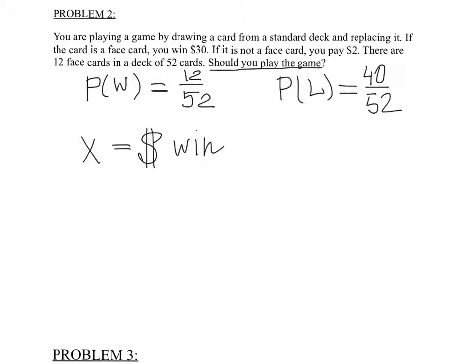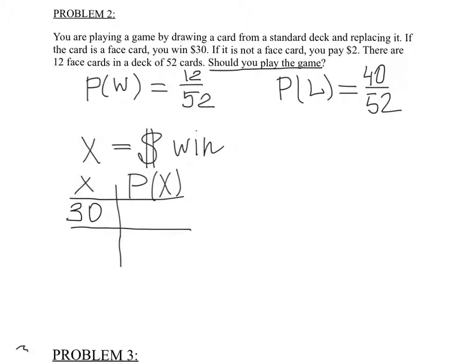Okay, then let's construct a probability distribution table. So I'll have x here and p of x. So now I'm gonna use more probability distribution language, and instead of w and l, I'm just gonna put x. Okay, so x can be equal to 30 because that's a win, or we can lose $2.